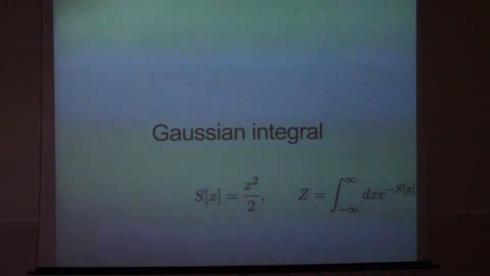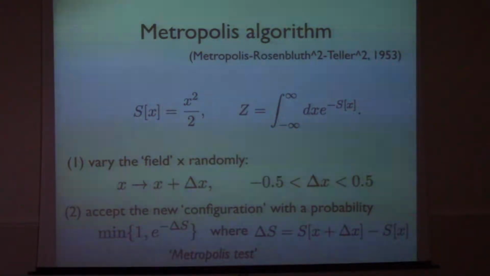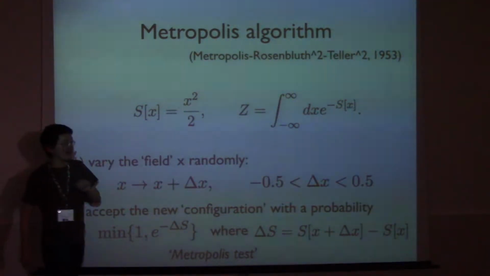But every time I forget if it was square root of pi over 2, so I look at Wikipedia, but I think you can do it. And let's see how the Metropolis algorithm works for this case. So we can change the field, which is just the variable x this time, randomly.